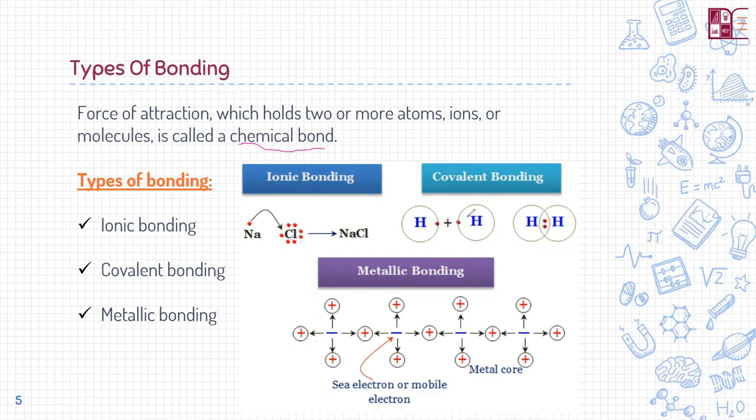Covalent bonding involves the sharing of the electrons, as you can see over here. However, the electrons in ionic bonding are transferred here, and ions are formed. In metallic bonding, you see a sea of electrons which are arranged in between the positive ions.